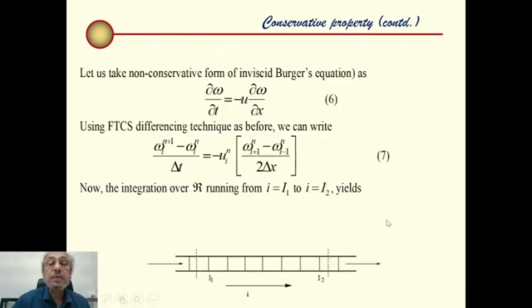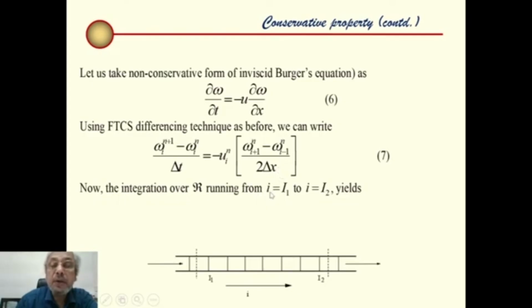But non-conservative form, if we write minus u del omega del x, and then integrate it, we will differentiate it first. We will get omega I at n plus 1 minus omega I at n divided by delta t equal to minus u at nth level, times omega I plus 1 minus omega I minus 1, centered in space at nth level, divided by twice delta x.